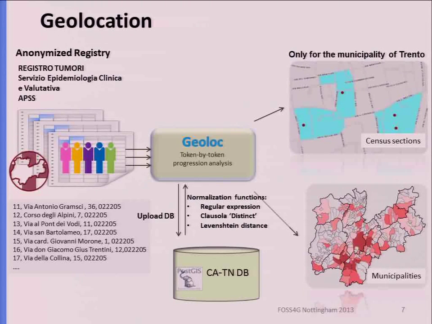There is a server in the data center of the local sanitary service where all the data are recorded. We use the addresses to map where the residents that have the disease are located, but we cannot extract and we cannot map them directly.